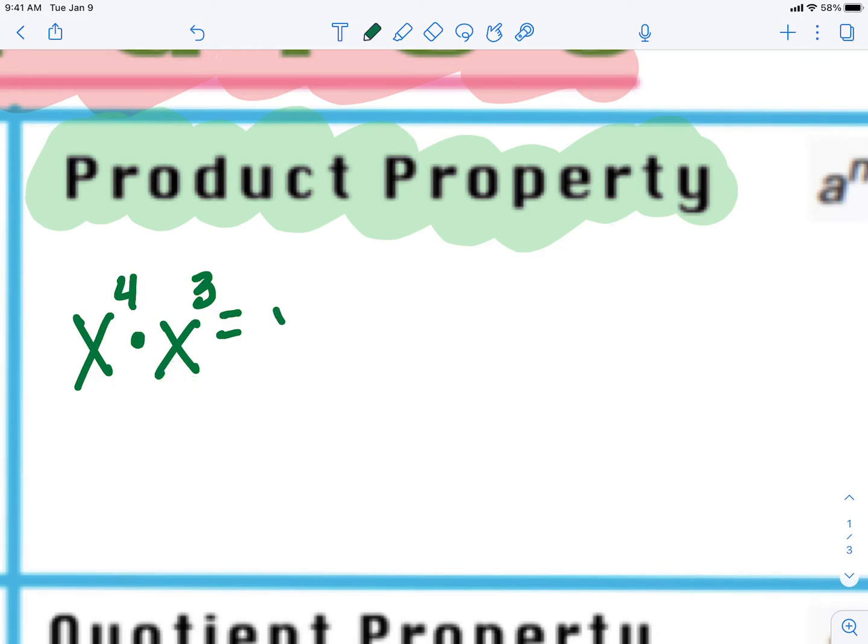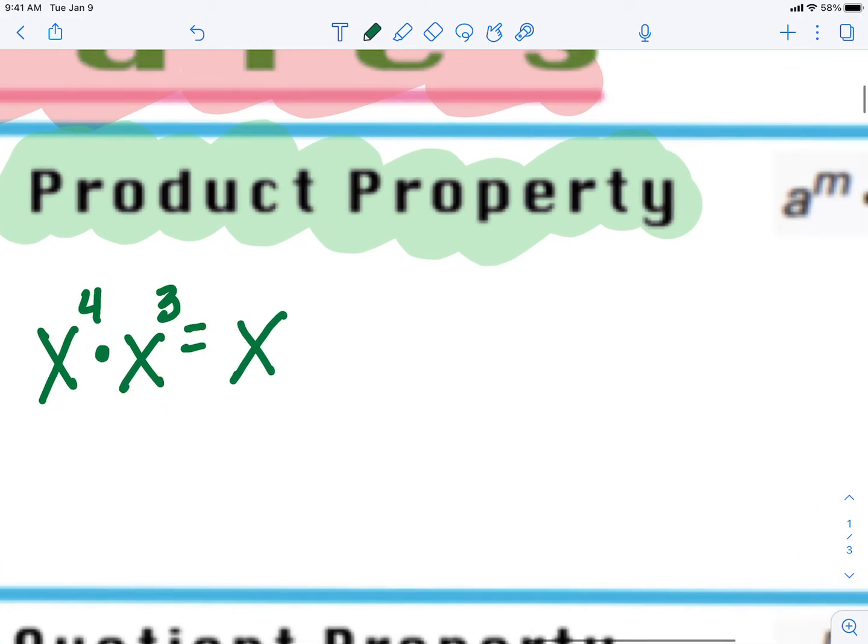That means I could just write x one time, and I'm going to add my exponents. 4 plus 3. And that's going to give me x, 4 plus 3 is 7. Look at that. That's how it works.